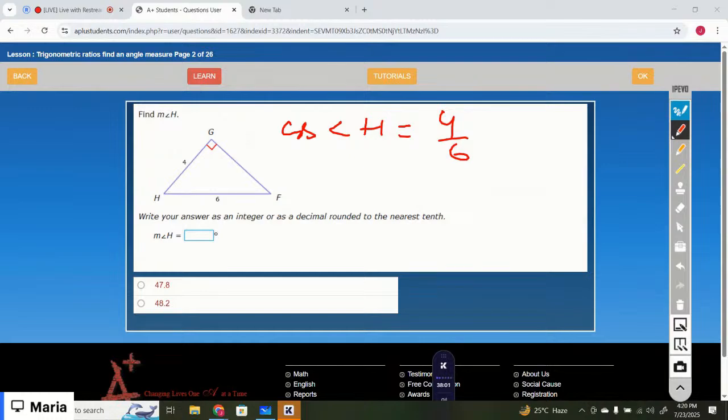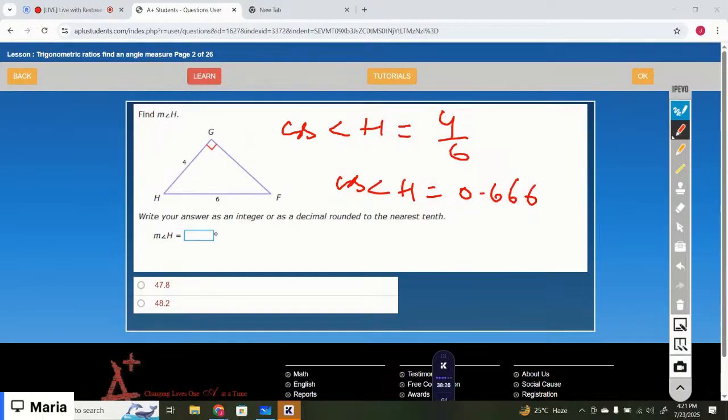So we need to calculate cos inverse of 4 over 6. So 4 divided by 6 is equal to 0.666.